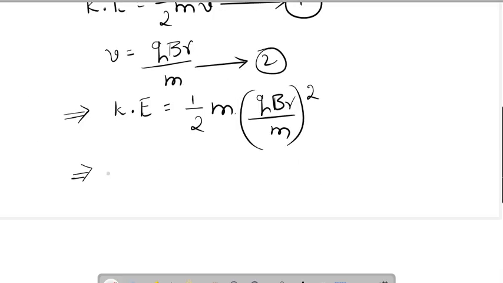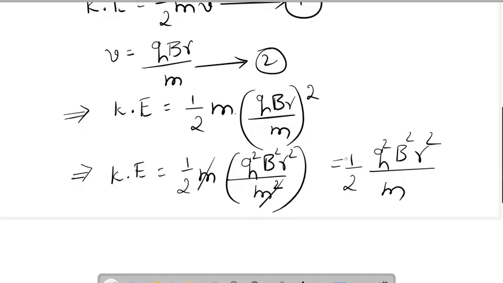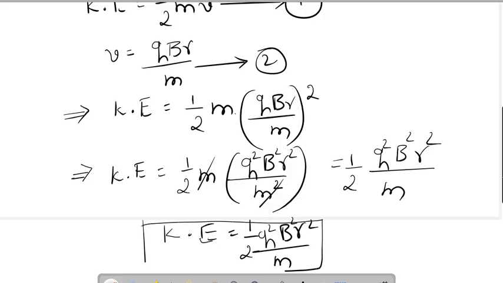Squaring the remaining terms, we get q square B square r square divided by m square. One m gets cancelled, so we get q square B square r square divided by m. So this is the kinetic energy.